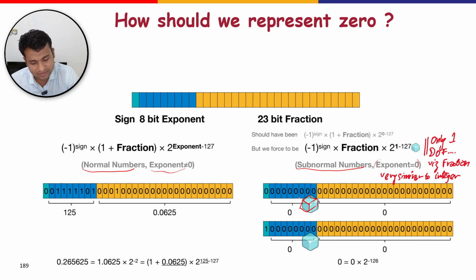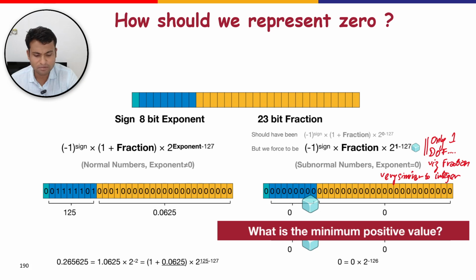So if exponent is 0, that means all these bits are 0, then the computer internally knows that I do not have to do 1 plus fraction, I just have to do into fraction. And here the fraction, if it is 0, then also it will lead to the whole representation of 0. And if the sign bit is 1, then also it is going to represent 0. So there are two slots for 0 in this.